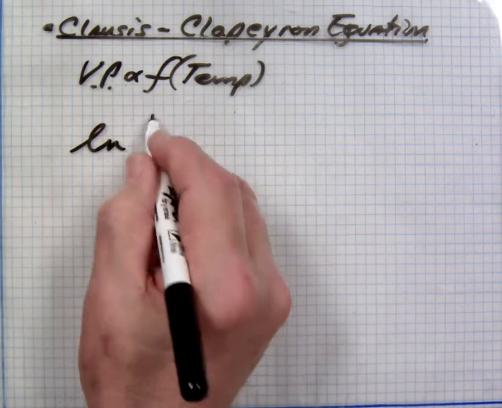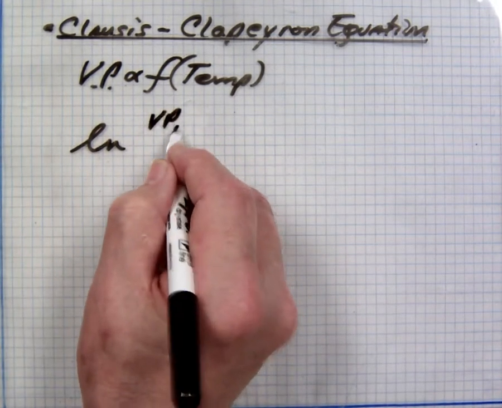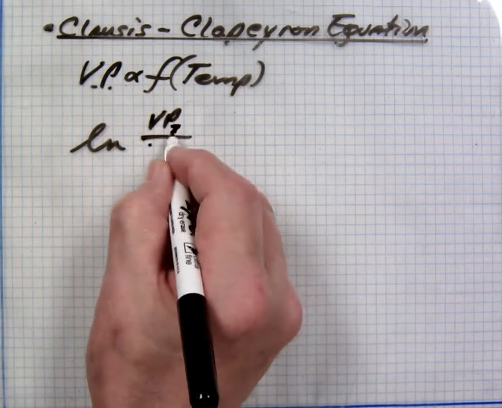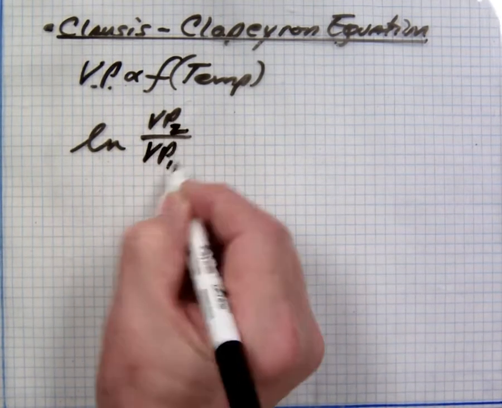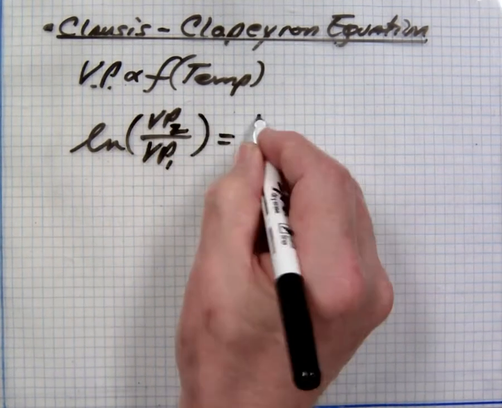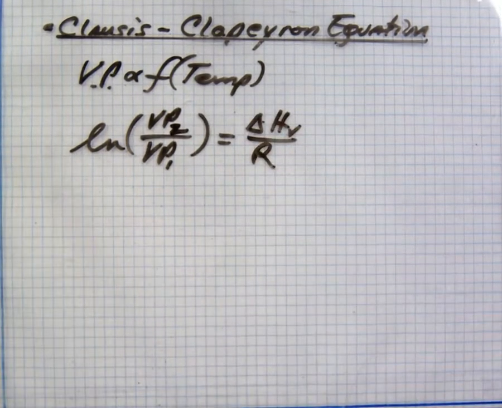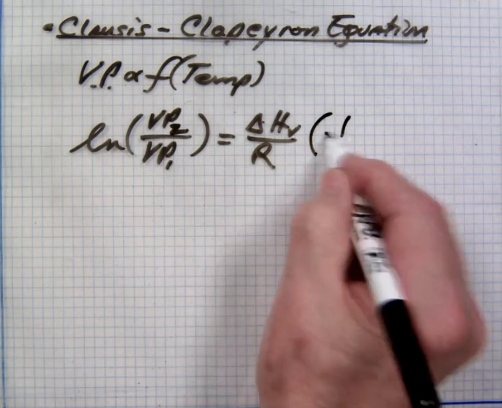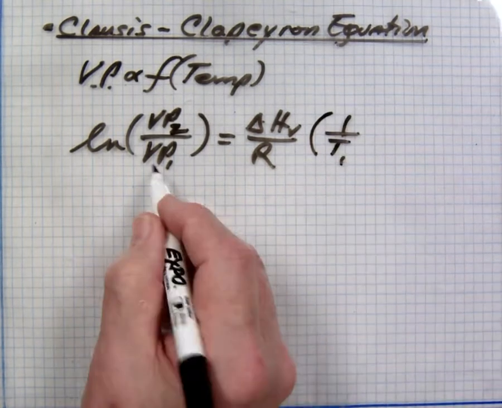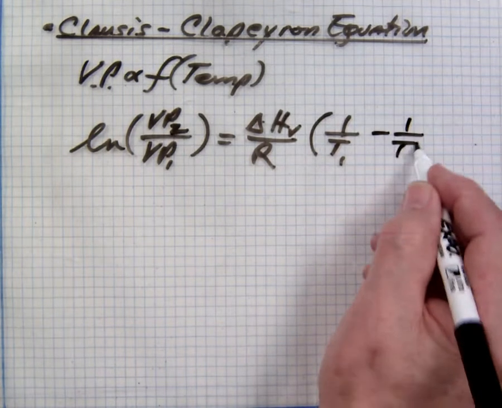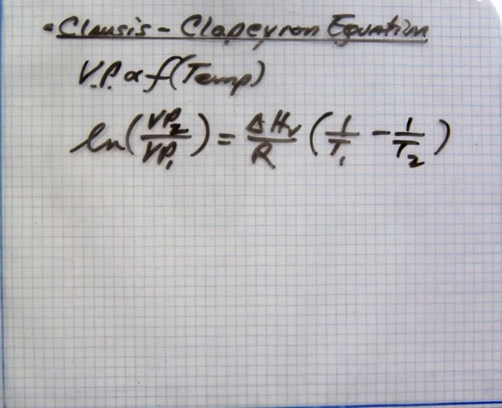It's the natural log of vapor pressure 2 over vapor pressure 1 equal to delta H of vaporization over the universal gas constant times 1 over the first temperature that goes with vapor pressure 1 minus 1 over temperature 2, which goes with vapor pressure 2.